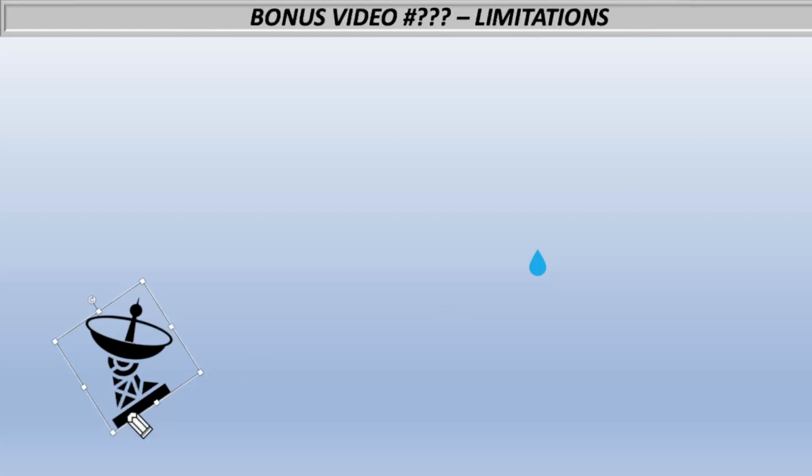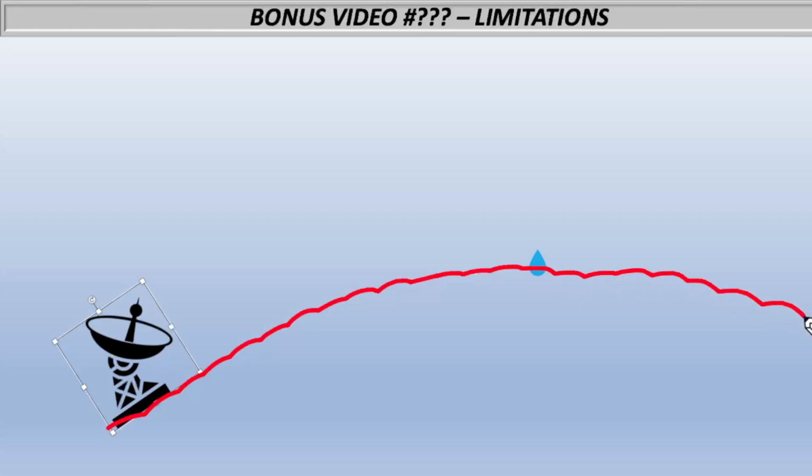Okay, so I'm going to imagine, and I'm of course a terrible artist here, that this is the surface of the Earth. Gosh, that's awful. All right, and then this is our trusty little raindrop up here. And we'll move that up like, maybe like this, okay?